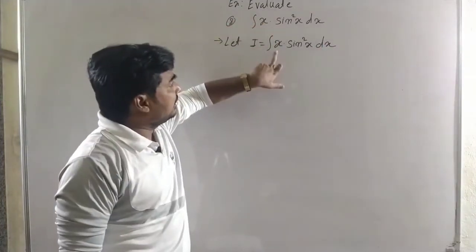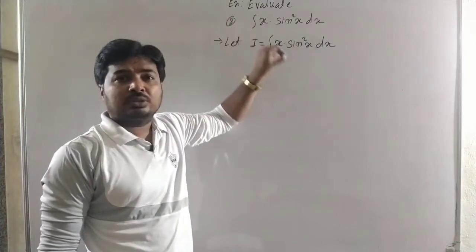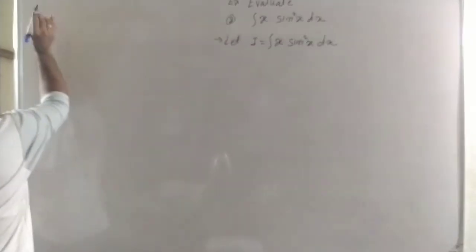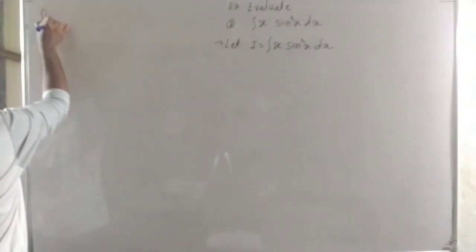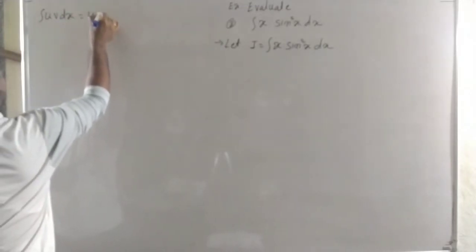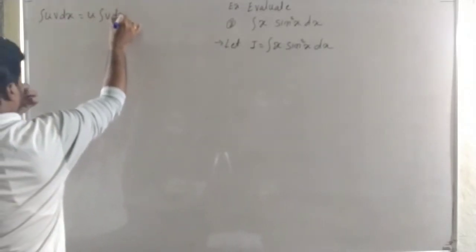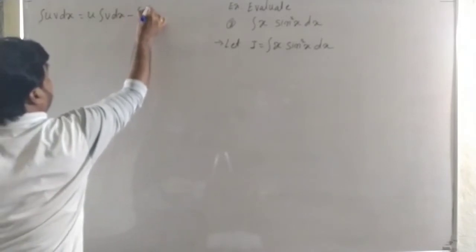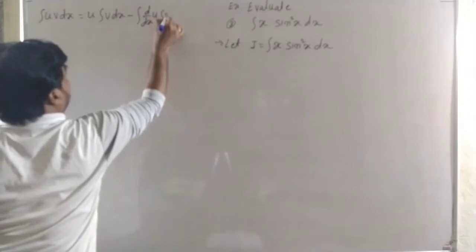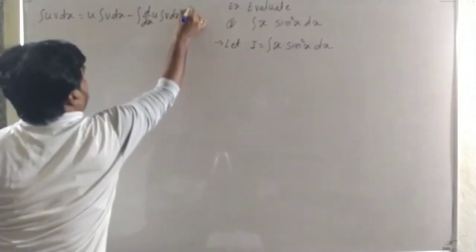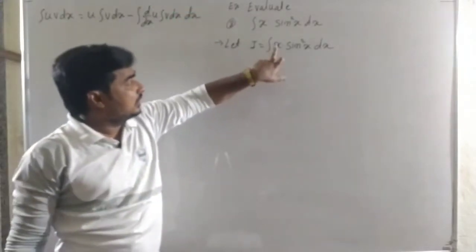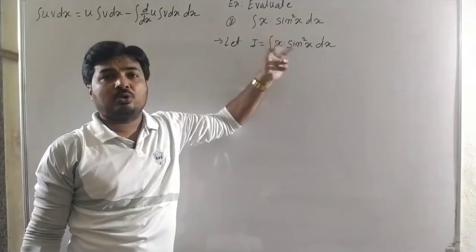You can find the integral of the product of two functions by using integration by parts, and the formula for integration by parts, see carefully here: integral of u into v dx is equal to u into integral of v dx minus integral of derivative of u into integral of v. Here it is a formula for finding the integral of the product of these two functions.